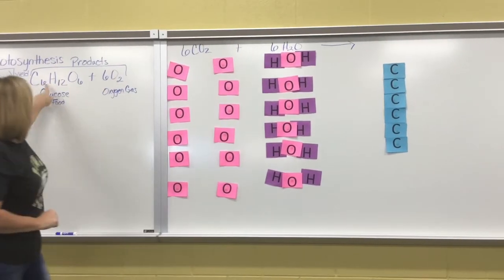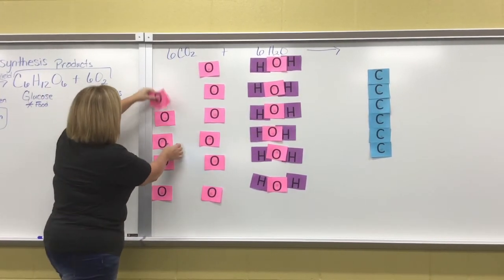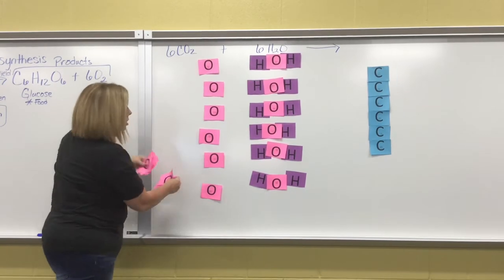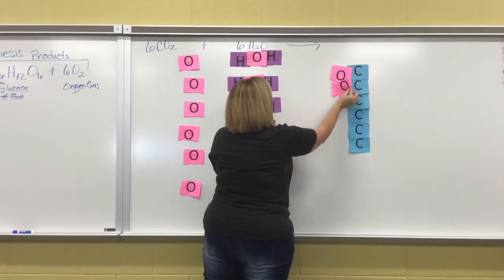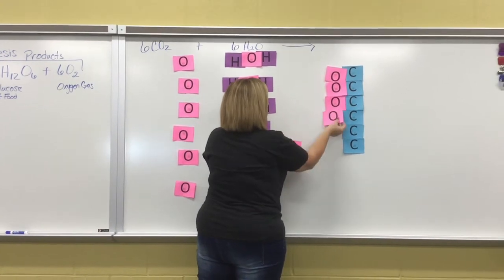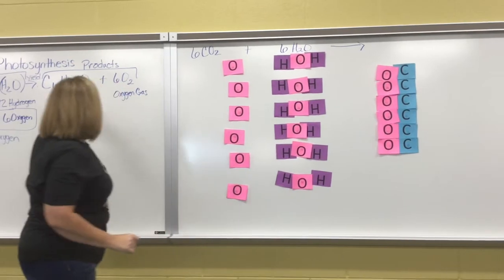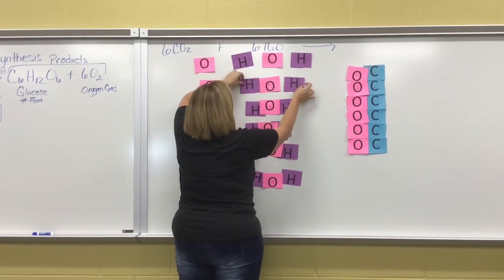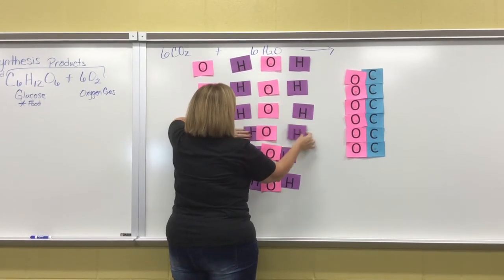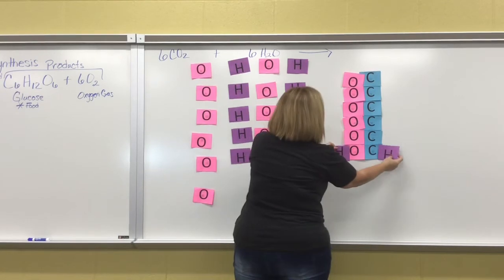Then I need 6 oxygens here. So I'm going to grab 6 oxygens, and I'm going to put those in my molecule. And then I need 12 hydrogens. Again, the water's going to split apart. And I'm going to start bringing those over.